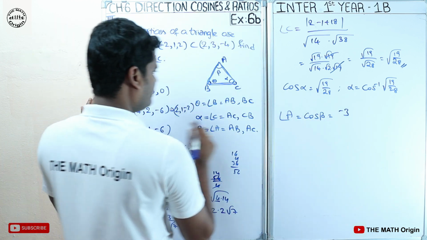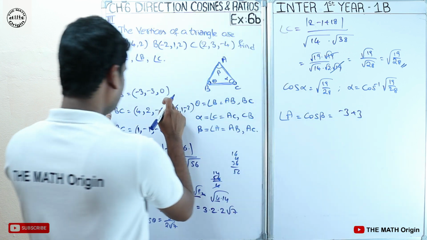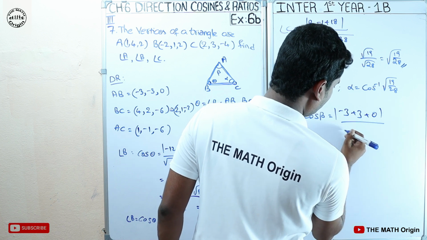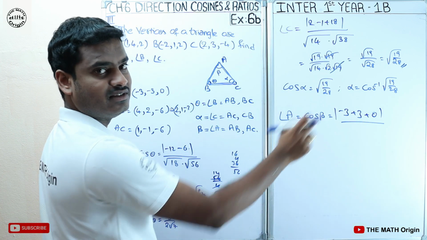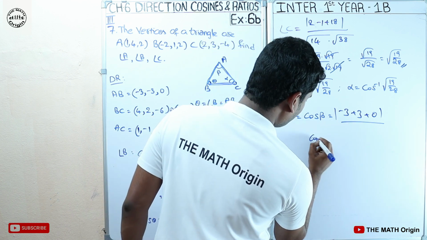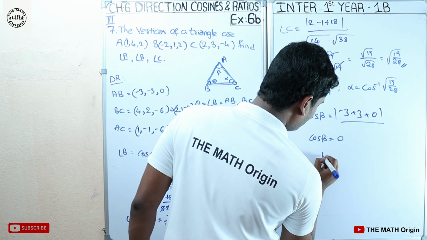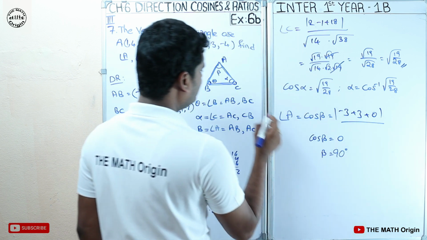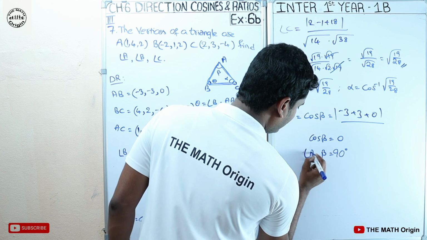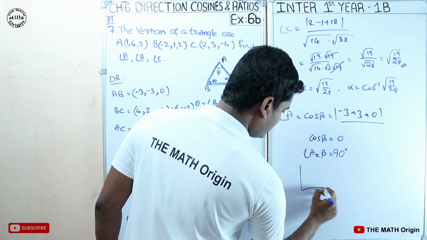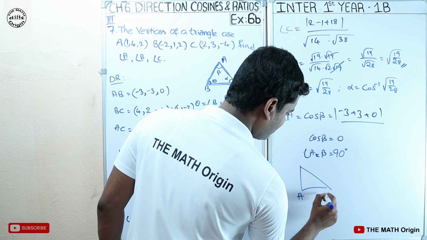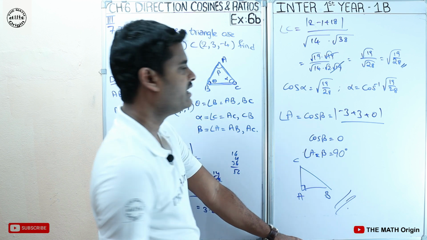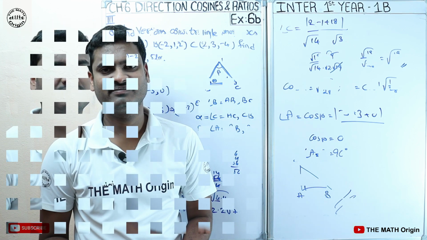Next minus 3 into minus 1 is plus 3. Next 0 into 6 is 0. Okay, divided by, if you see, the numerator is 0. Therefore cos beta is equal to 0. Beta is equal to cos inverse 0, which is 90 degrees. Okay, cos beta means angle A is equal to 90 degrees. Therefore the triangle looks like this: A, somewhere here, and here it is C. Okay, therefore here ends our 7th problem.